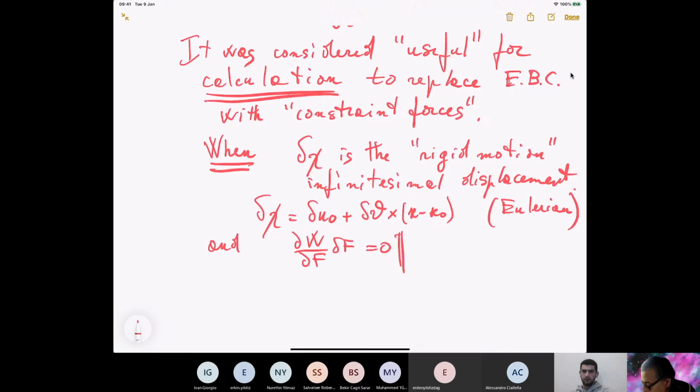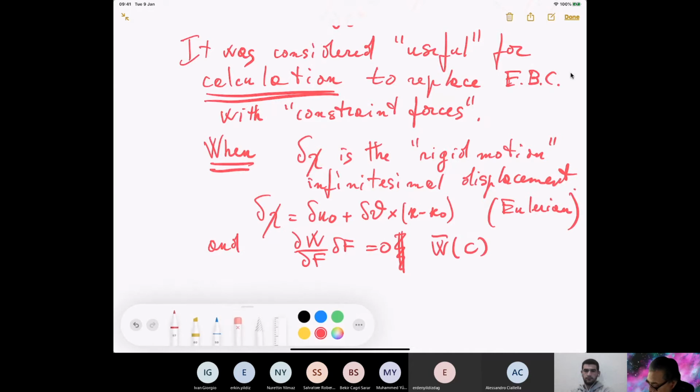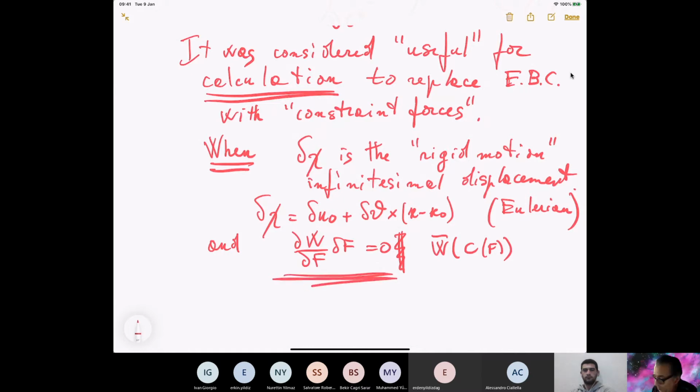Why this? If you have that W depends only on C, so if the deformation energy depends only on the deformation and it is 0 when you don't have deformation, then this first variation has to be 0. Okay?